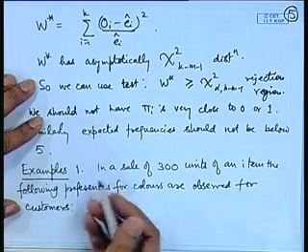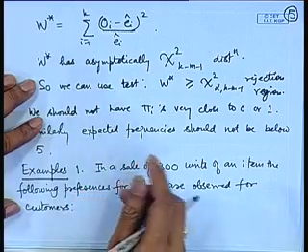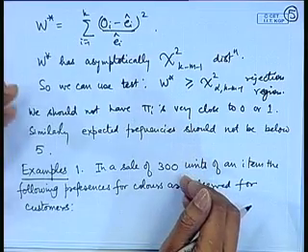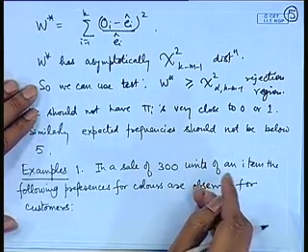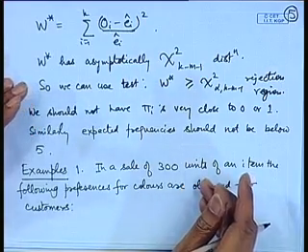So, it may be a certain item, say for example, somebody is buying a car, or somebody is buying a two wheeler. So, we look at the color of the car, for example.